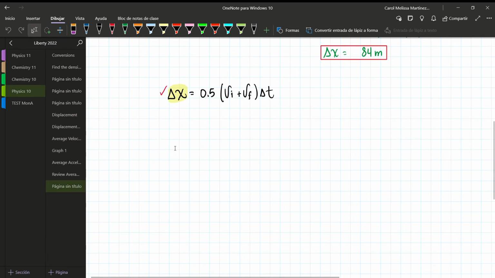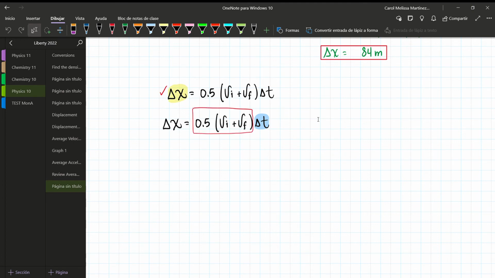Now, if you want to isolate for the time, I need you guys to pay attention here. You need to analyze that all these terms are multiplying the time because they are in the same line. Imagine that this was a fraction, they are multiplying.